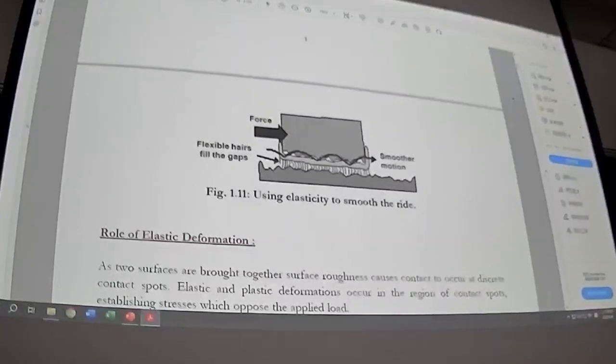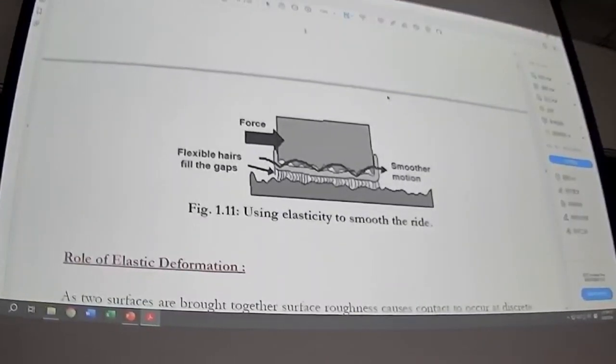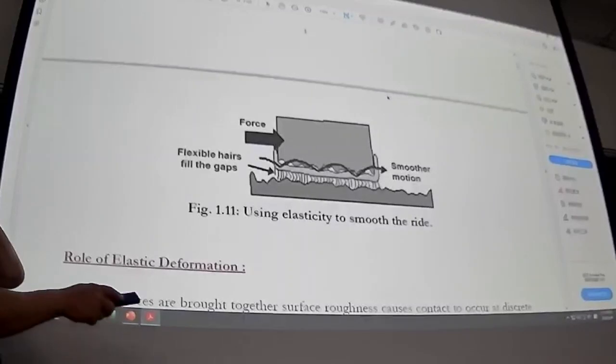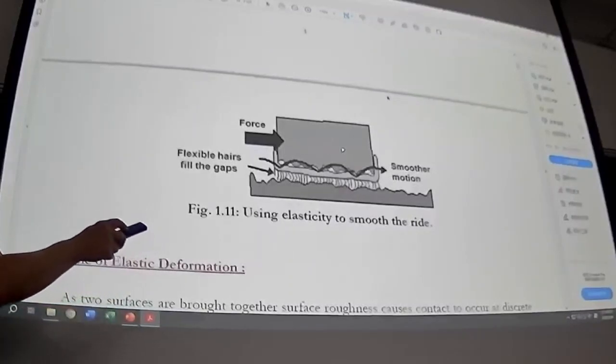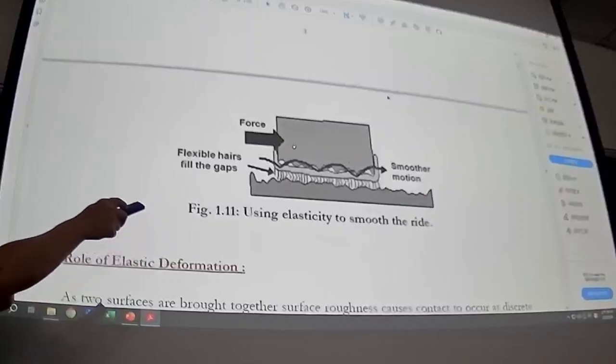So this is another figure in your textbook. This is a tribo pair, one surface with another, one body with another body.